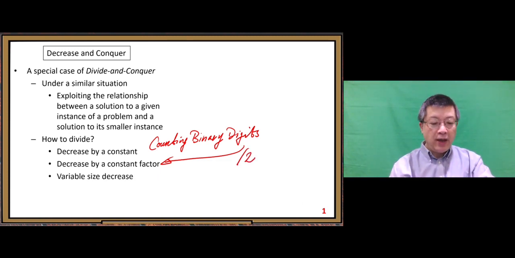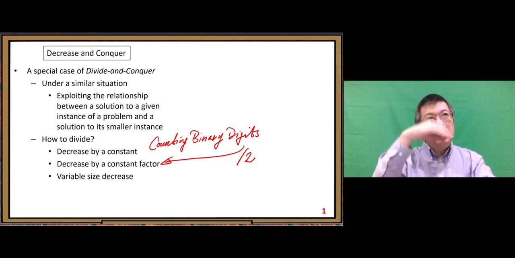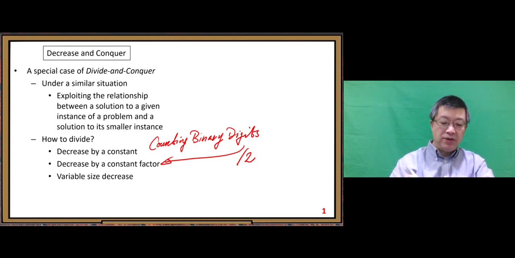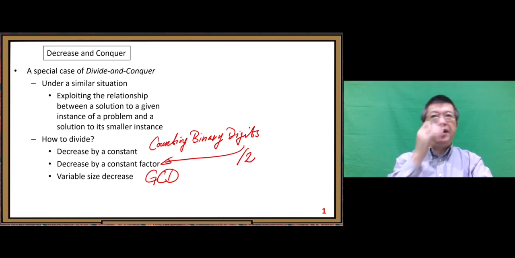Then variable size decrease. You cannot have a fixed size reduction. Every time the size reduction could be different. For this case, we also have a very good example: GCD, greatest common divisor. The GCD problem belongs to this category. So you can see, we have some very nice examples.